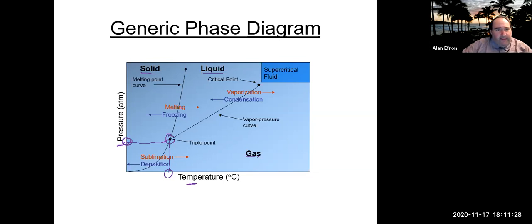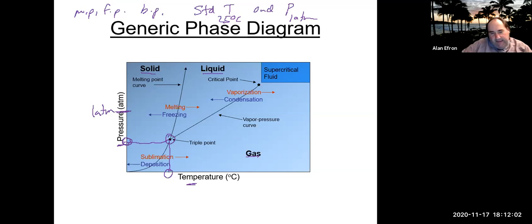Now, when we think about normal melting points, freezing points, and boiling points, these occur at a standard temperature and pressure. When we talk about standard temperature and pressure, normal temperature and pressure, that usually implies 25 degrees Celsius and 1 atmosphere. So, hypothetically, say this is 1 atmosphere right here.